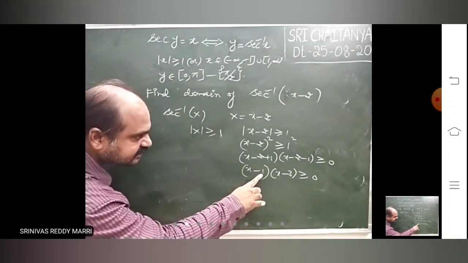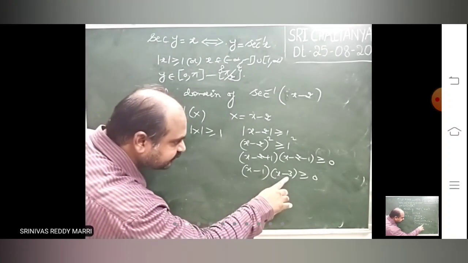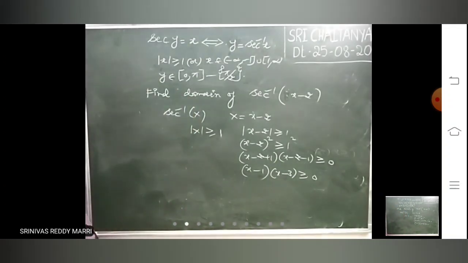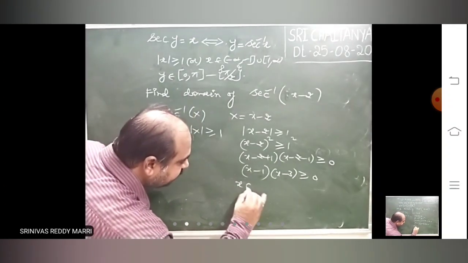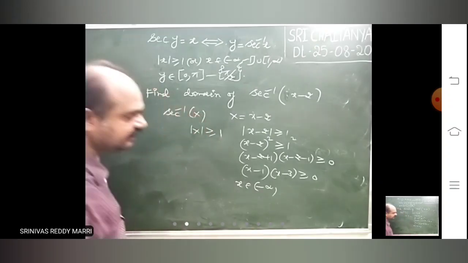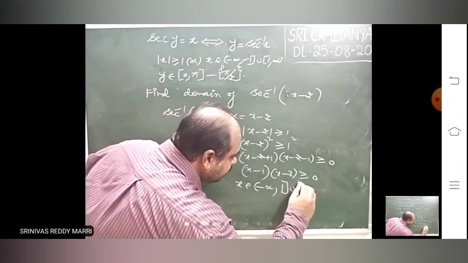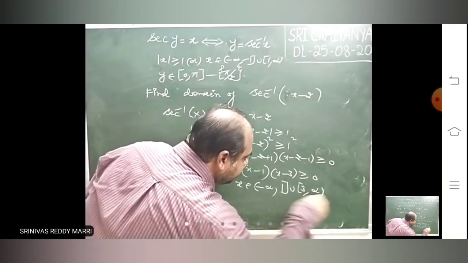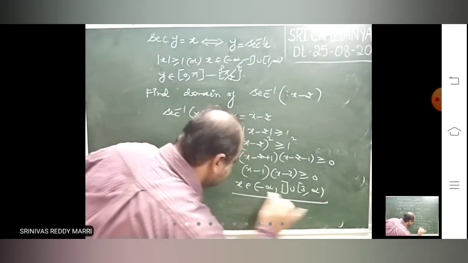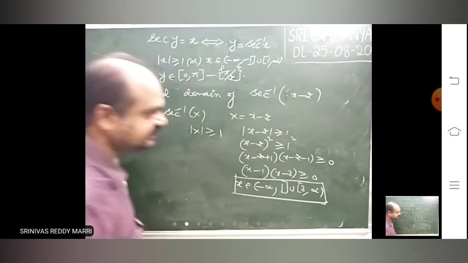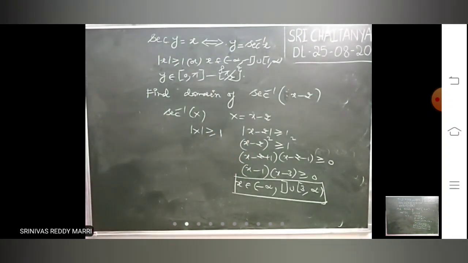This is the form x minus alpha into x minus beta greater than or equal to 0. What is the x interval for this quadratic inequality? Minus infinity to alpha, the smaller one, union beta to infinity. This is the domain of the given function.